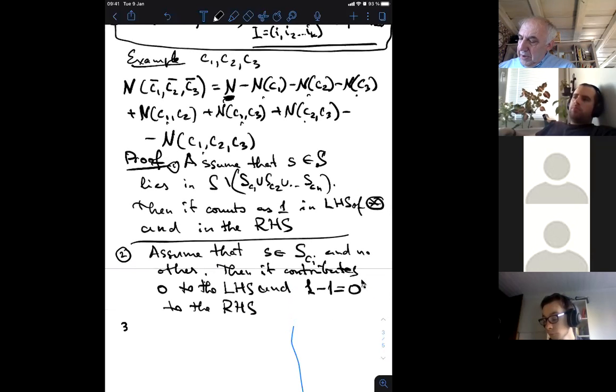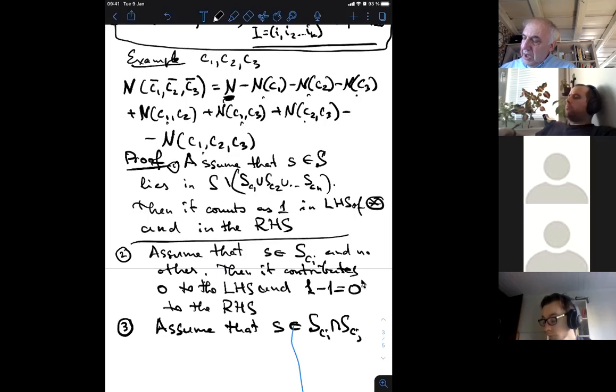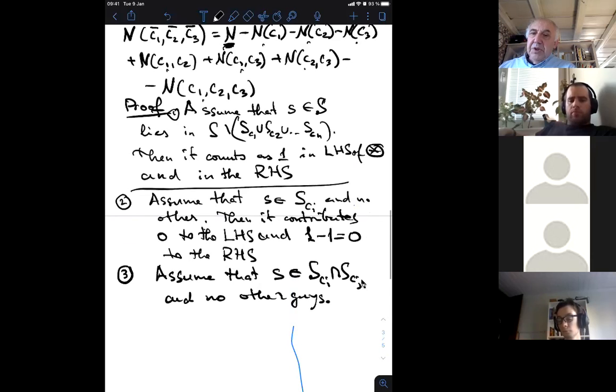Now, assume that S belongs to some intersection, S of Ci intersected with S of Cj, and no other guys. So we'll look at what it contributes again. S contributes 0 to the left-hand side.